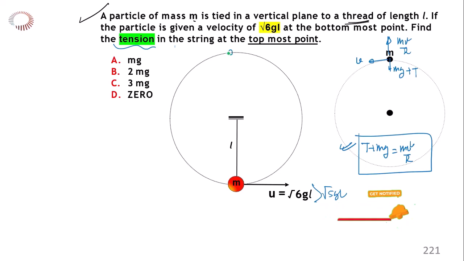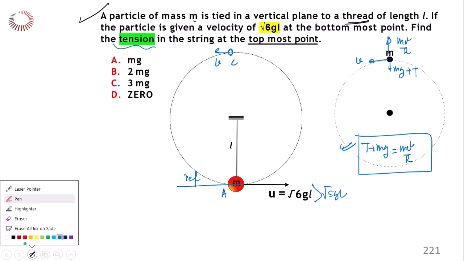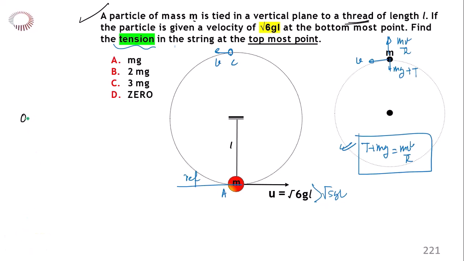So for that I have to apply the work energy conservation between point A and point C, where the particle is moving with v. Again assuming that this is the reference line, I am directly writing the potential energy at point A is 0. Kinetic energy is equal to half m into u square, meaning 6gl.